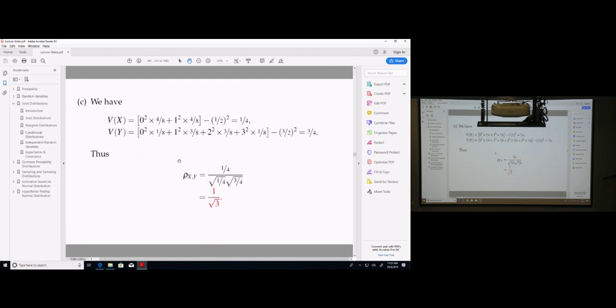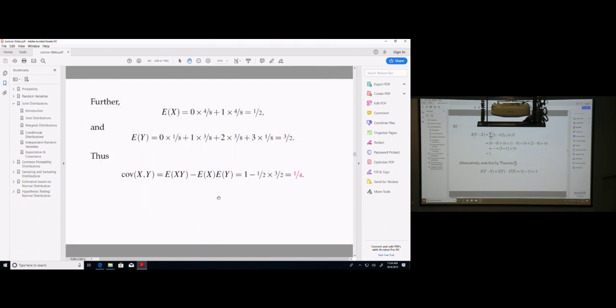Okay, the variance of X. Now we are also using the same thing, expectation of X squared minus the square of the expectation. This has been found earlier, so this is 1/4 and this is 3/4. As a result, the correlation coefficient is 1/√3. At least if you get a negative sign here, then something is wrong, because earlier we know the covariance is positive.